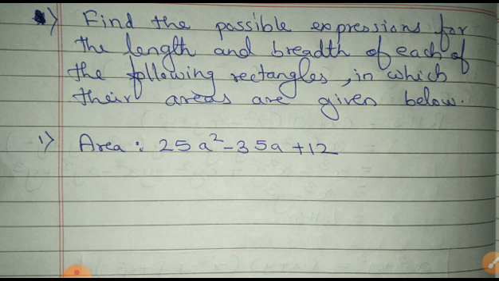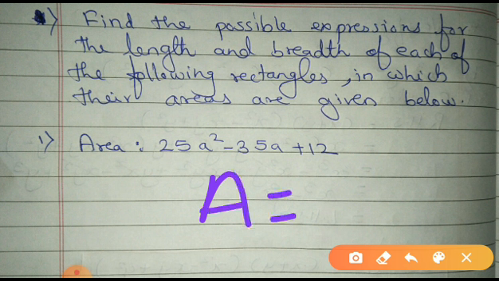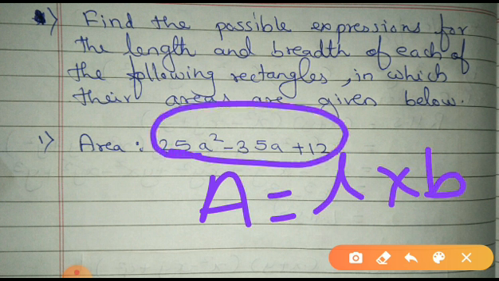Now we know that the area of a rectangle is length into breadth. That means this area I have to write as a product of something. When a given polynomial is written as a product of some terms, that is nothing but factorizing the polynomial.